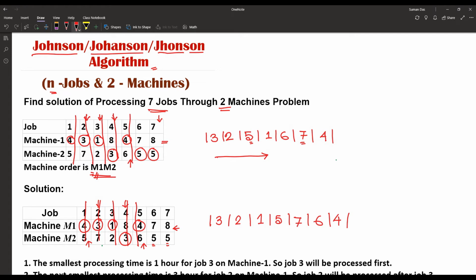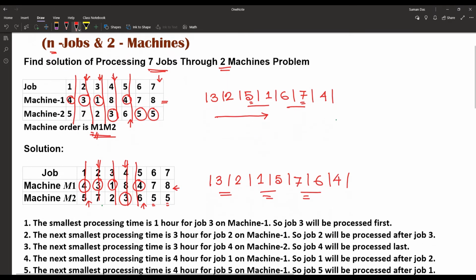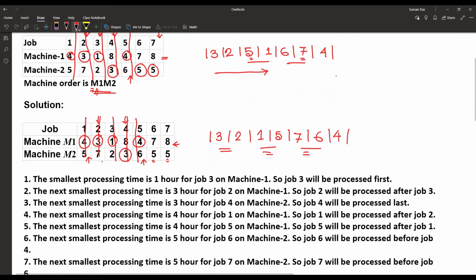So here is the change occurring. For the first sequence we have 3 2 5 1 6 7 4, and here we have 3 2 1 5 7 6 and 4. Let's check whether the total elapsed time and the idle time are unique or not.